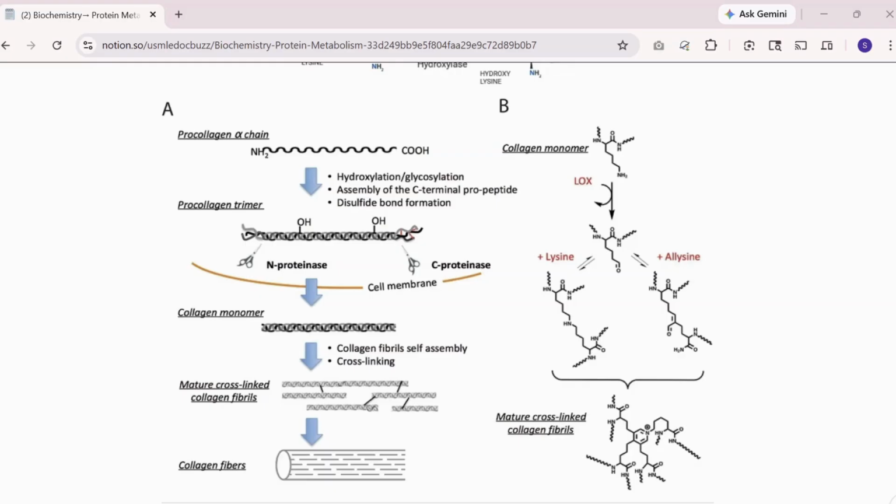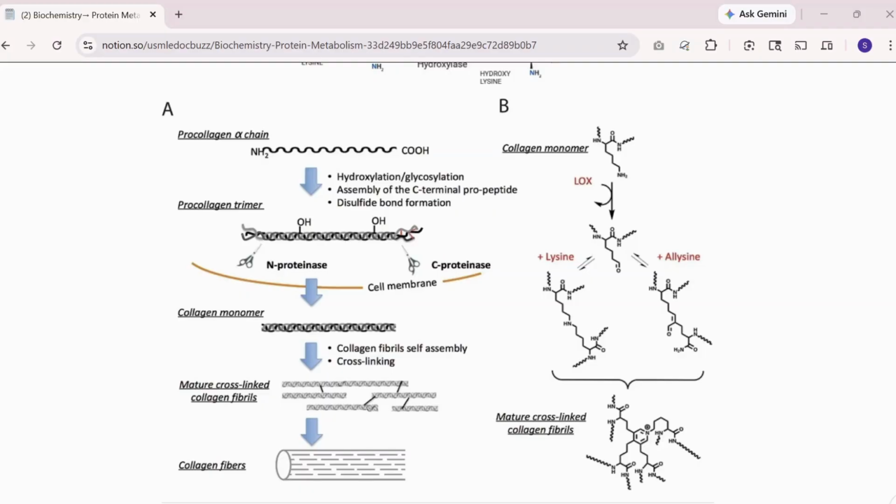Because how can you get a bunch of collagen and cross-link inside? It can't. You have to get it outside. So you cut the ends off, and when you have all that bunch of collagen, then you can cross-link it, and then it's stabilized by lysyl oxidase. That's the enzyme. This is related to copper, and copper is related to Menkes disease.